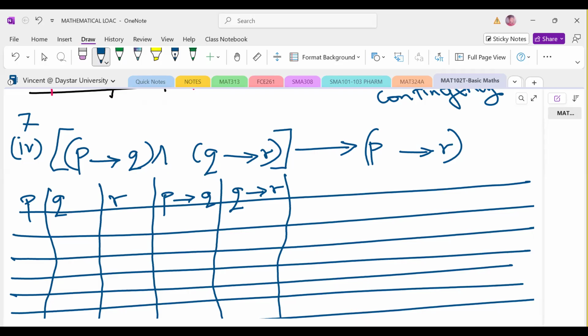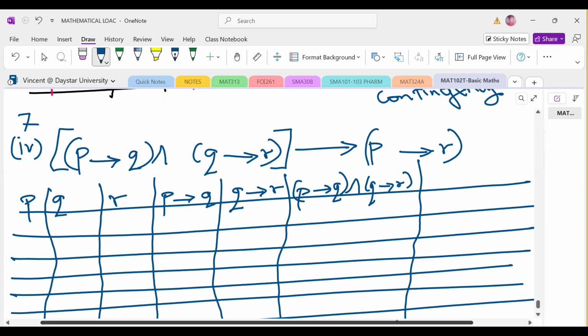But we write the square bracket for all of it, okay? So we'll have P implies Q, so we write that first. Then P implies R. Then the whole expression. So all this we enter here. Okay?